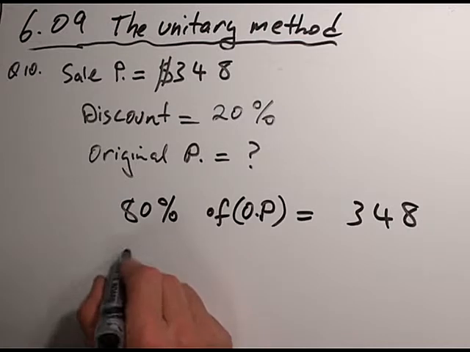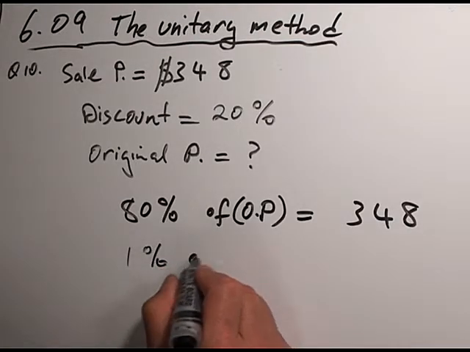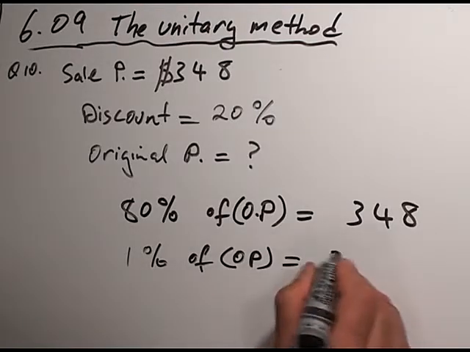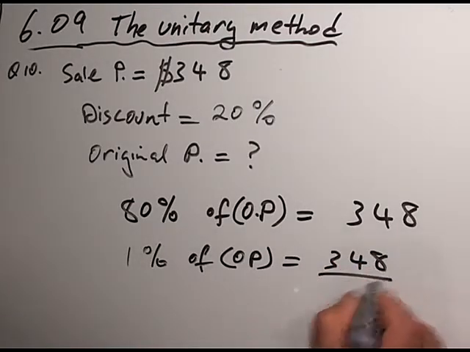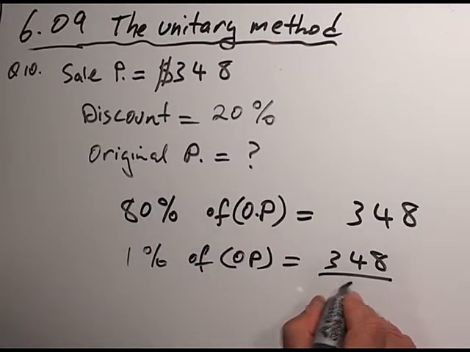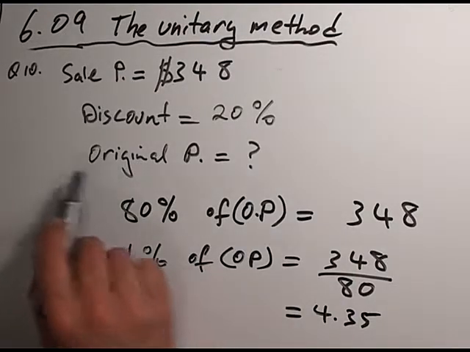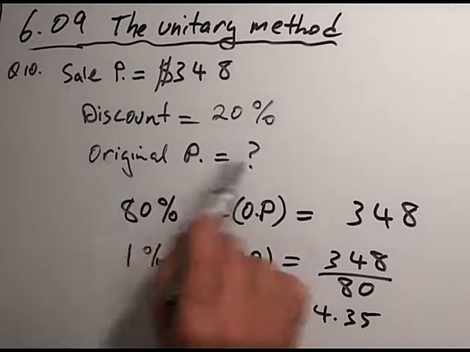So that means 1% of OP is going to be 348 divided by the 80. And on the calculator, that equals 4.35. That's 1%. Now, I want to know what is my OP, my original price, which is my 100%.